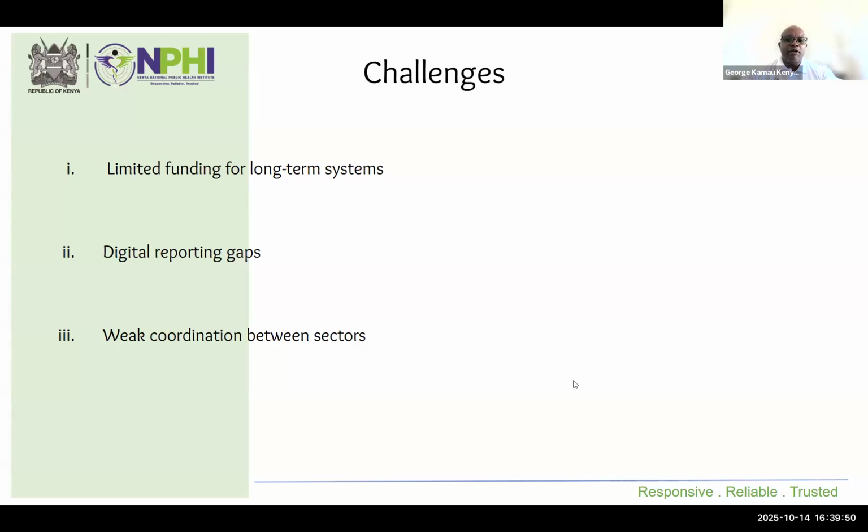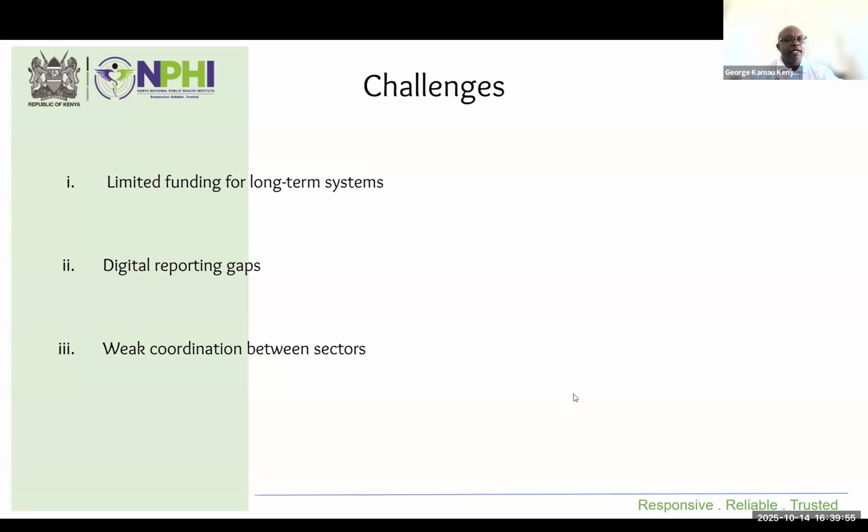I think we need to have coordination between the sectors to basically have even rational use of resources, not have different community health promoters for each disease, by silo disease, but have an integrated form of community health promoters.